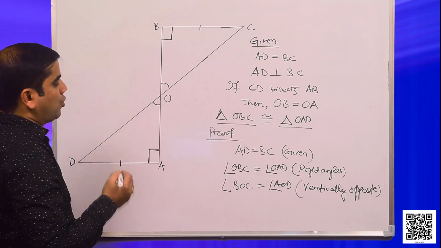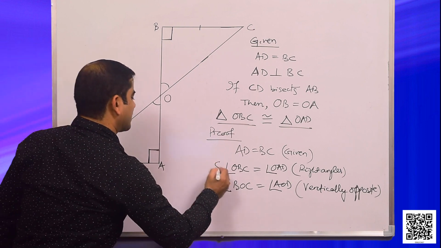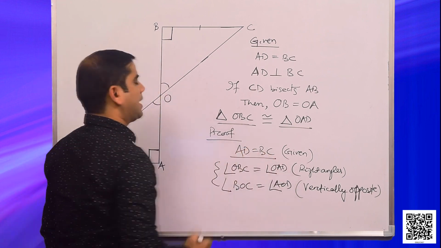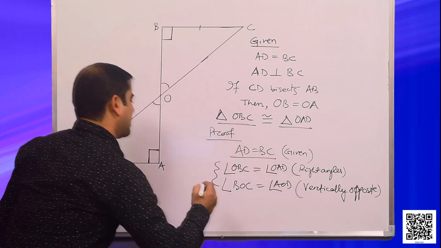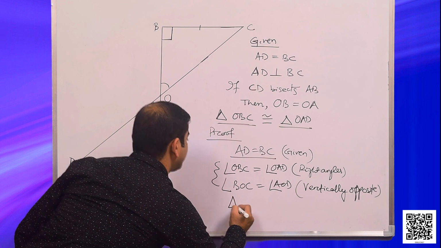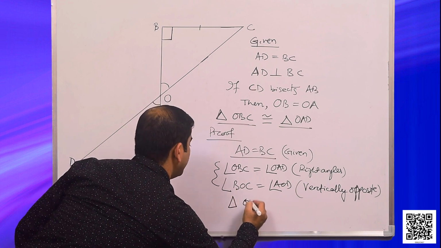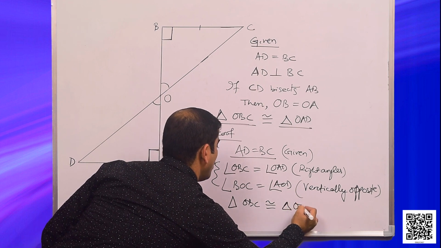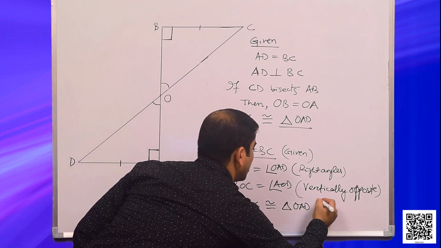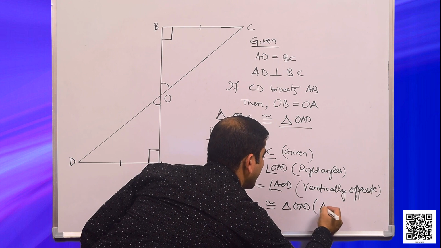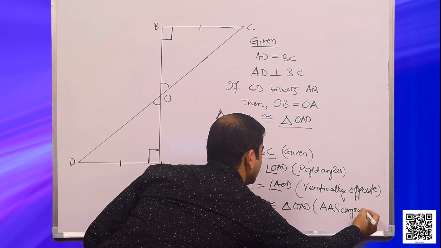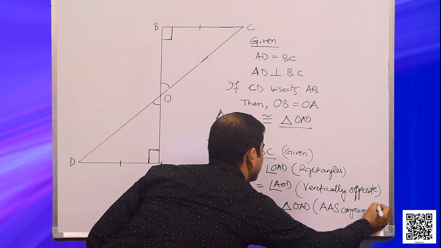Fine. So, now we have two pairs of angles equal to each other and a pair of sides equal to each other. That is why triangle OBC is congruent to triangle OAD. Which congruency? AAS congruency.